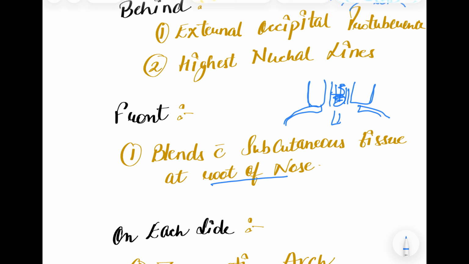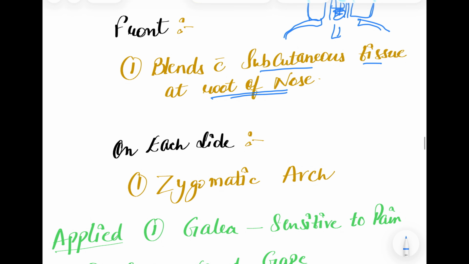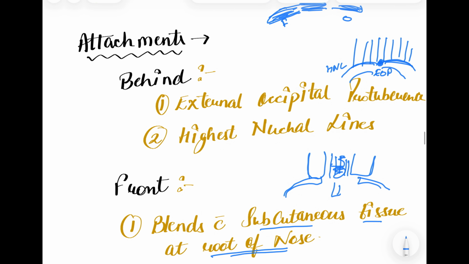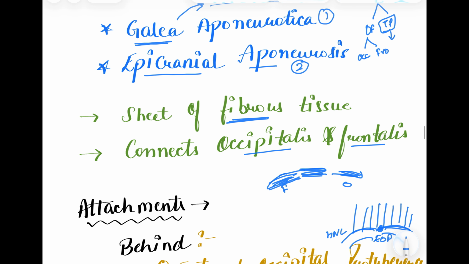So it is going to blend with the subcutaneous tissue at the root of the nose. Where is it going to reach on either side? Obviously, there is the zygomatic arch where it is going to reach. So this is my attachment for the Galea Aponeurotica, or I will call it epicranial aponeurosis.